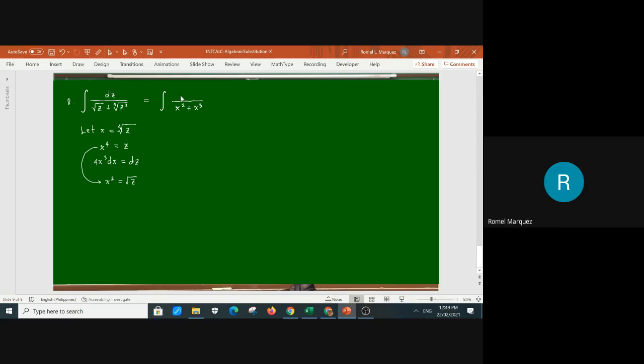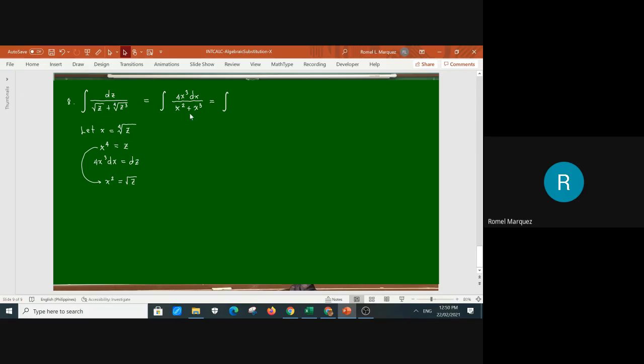So in the numerator, we have 4x cubed dx. So this is now in terms of x. So everything is in terms of x. So let's simplify this. Integral of, what is that equal to, guys?